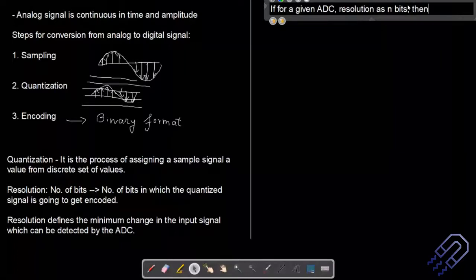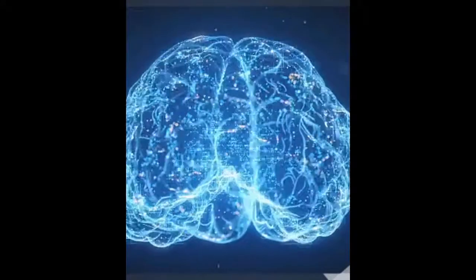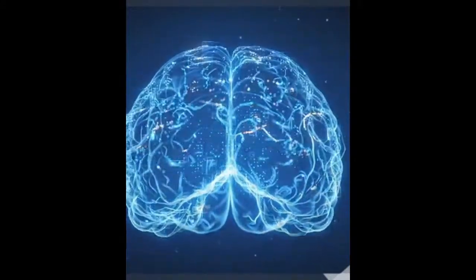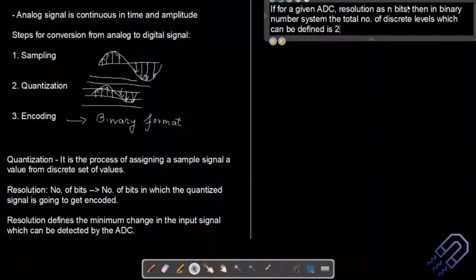What happens is, in the binary number system, the total number of discrete levels which can be defined is 2 to the power n.